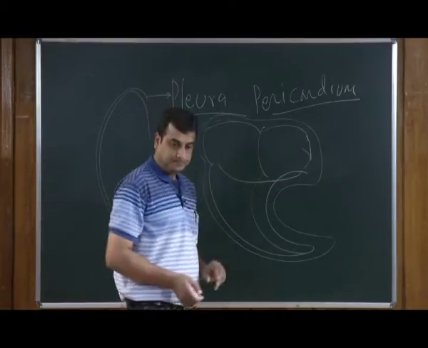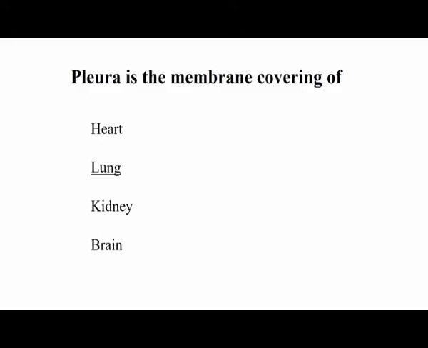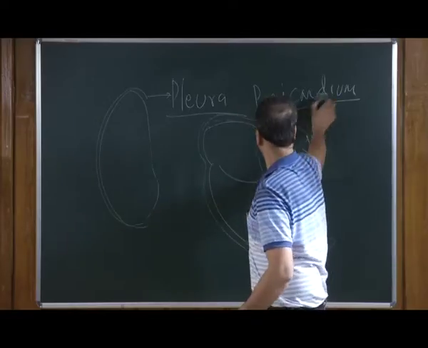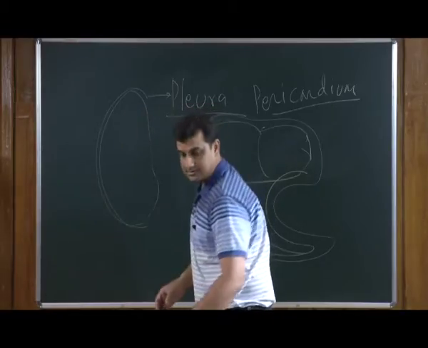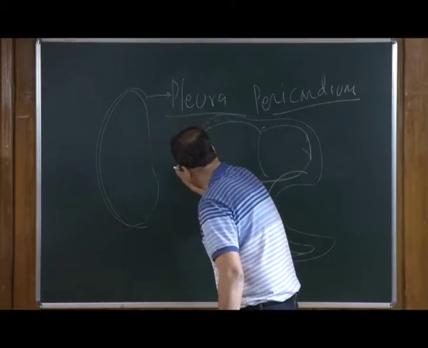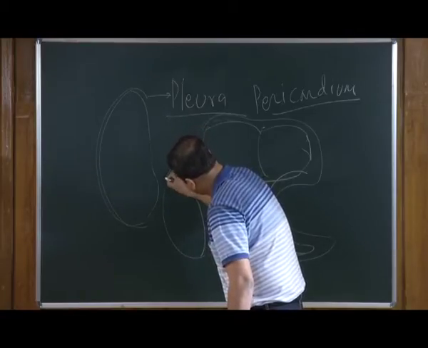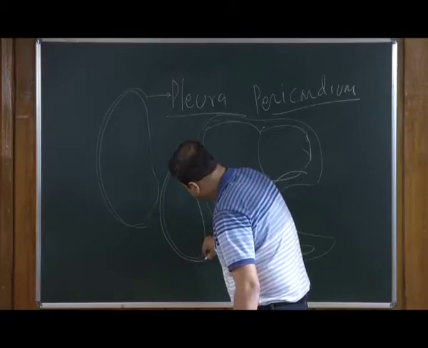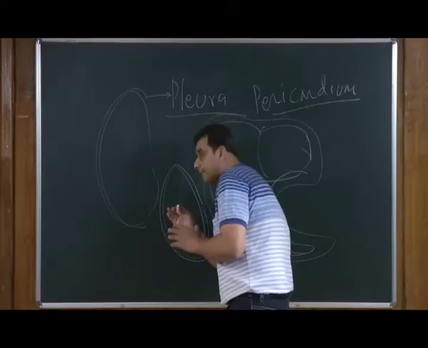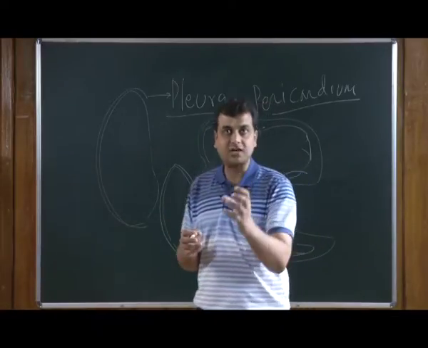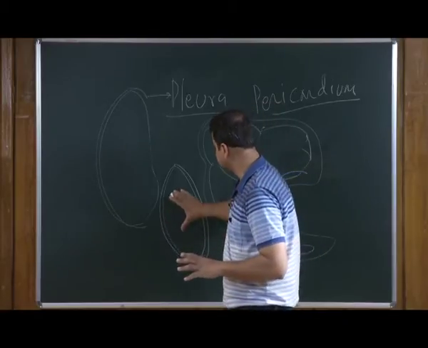The third option which I have given here is kidney. In kidney also we have a similar protective mechanism. Suppose we draw a kidney here. This kidney also has a capsular structure to protect it from external injury, because you have very delicate structures inside the kidney called nephrons, the ultimate unit.